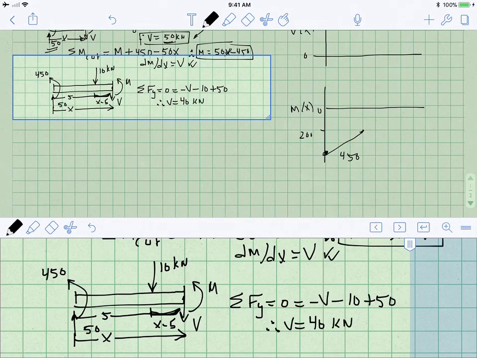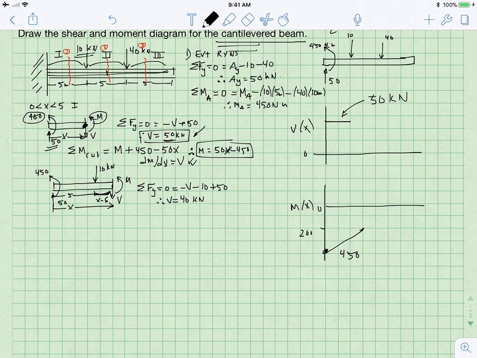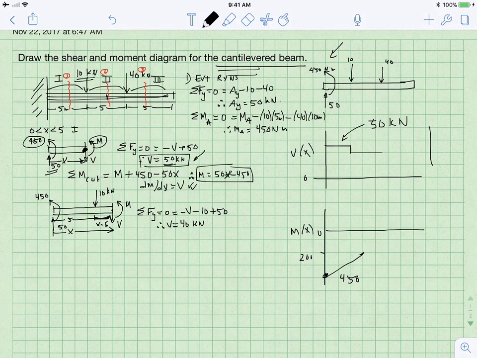Okay, so let's have a look at our diagram and see how that looks on the plot. So what we've just found is that in this next region of the beam, we dropped by 10 and we have a constant value going over there at 40. It makes sense to us that it dropped by 10 because it experienced a 10 kilonewton load there.